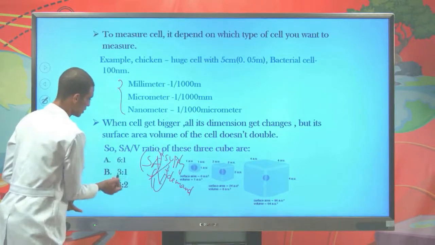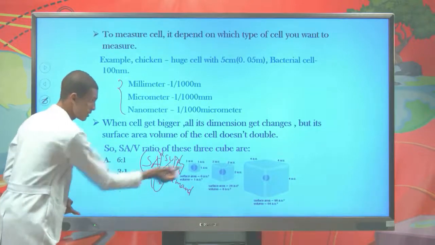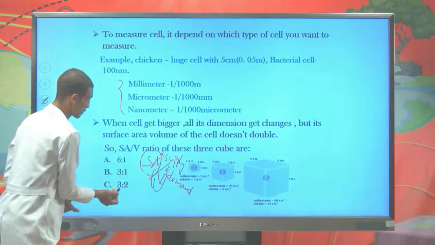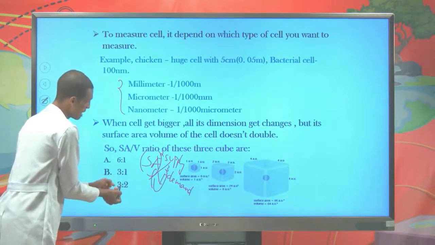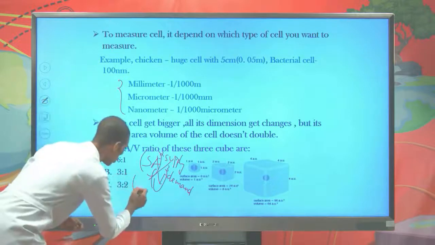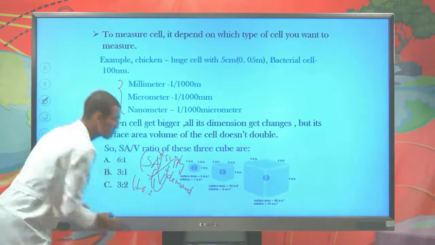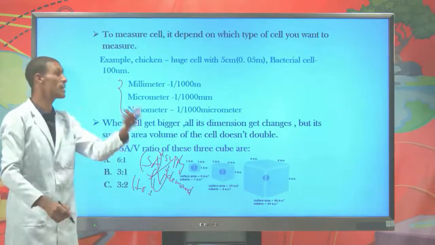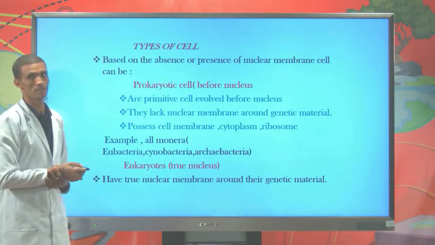For B, it is 3 supply to 1 demand, which has decreased. For C, the larger cell, there is high demand, and the amount it can supply is very small, almost 1.5 to 1, almost similar. When the cell increases, the surface area to volume ratio does not double together.